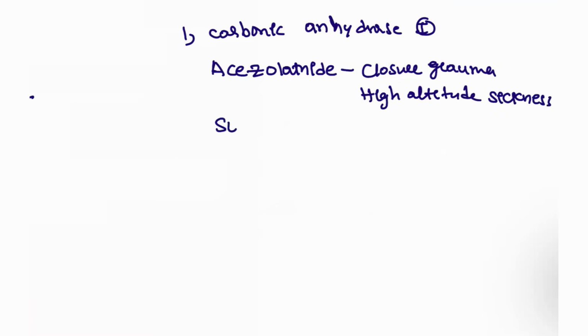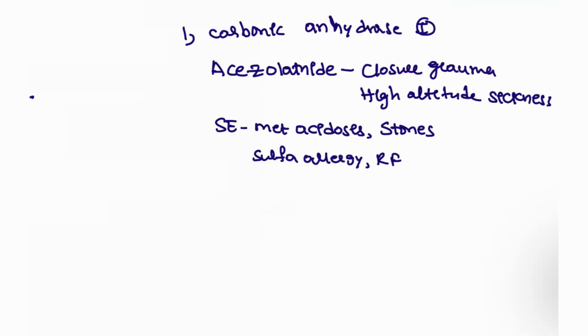The side effects of this will be metabolic acidosis and also renal stones. Sulfa allergy is contraindicated for these patients, so we should not give the drug. Renal failure also we should not give.